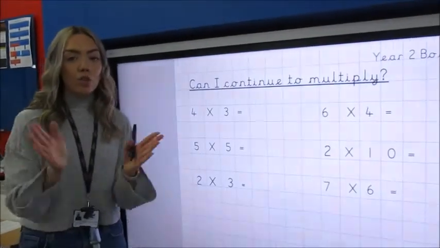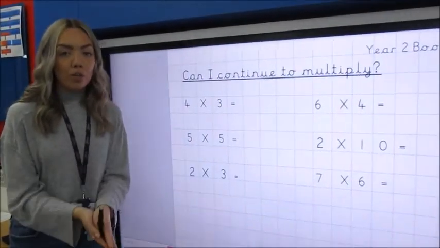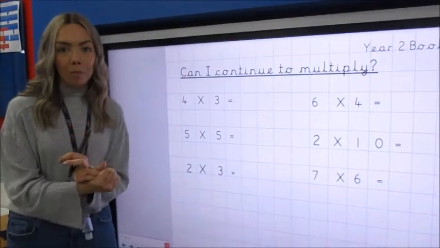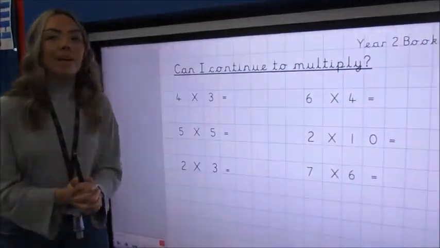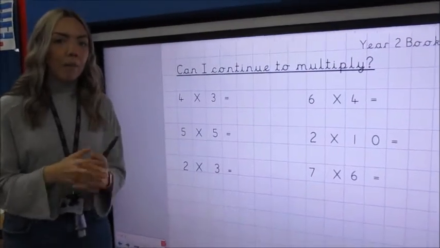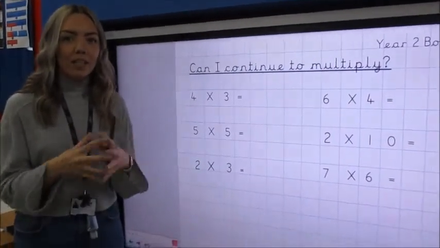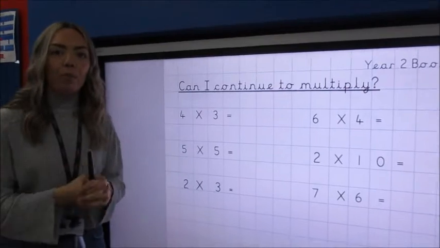So you could use your objects to group them. You could use your 100 square or your number line. Thinking about whatever method you prefer. Maybe have a go at all of them to really make sure that you can use each method properly.